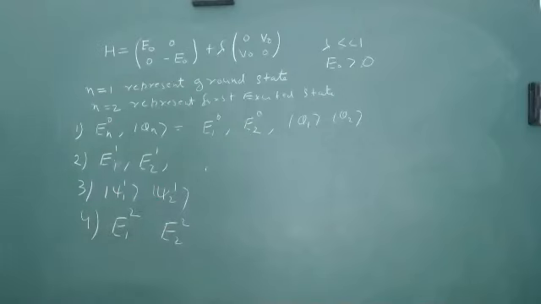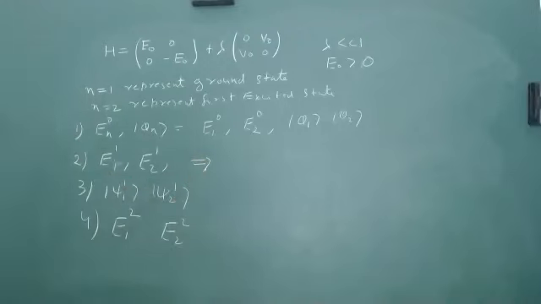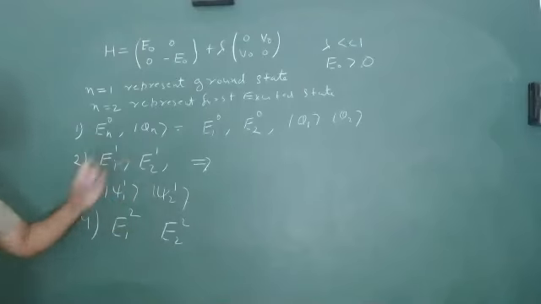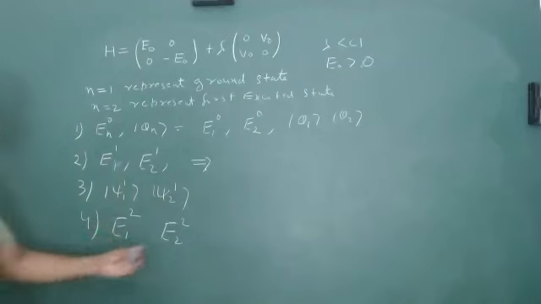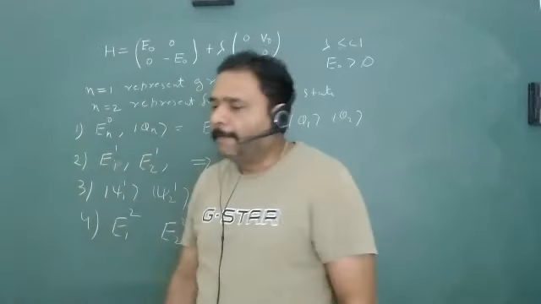What is the meaning of that? Here you are calculating the first order energy correction in the ground state and first excited state. Here, the first order wave function correction in the ground state and first excited state. Here, the second order energy correction in the ground state and first excited state. Okay, so we can do it easily because we know all these formulas.